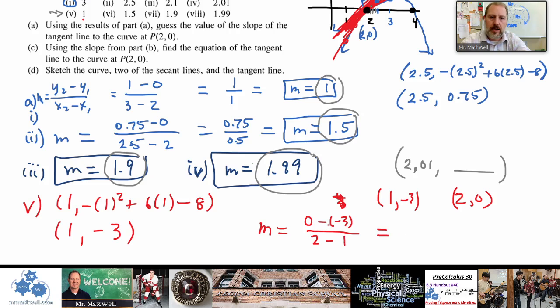So we've got 3 over 1, a slope of 3 for point number 5. Go ahead and continue with 6, 7, and 8 and see what numbers you get there.